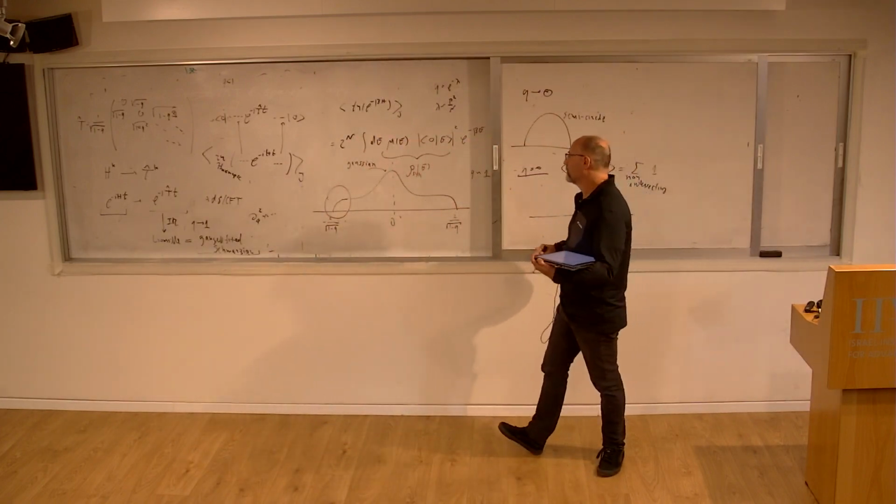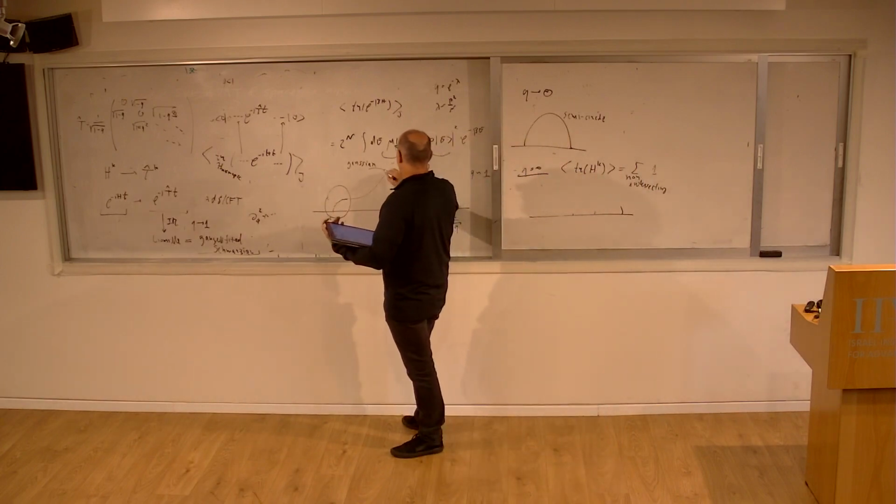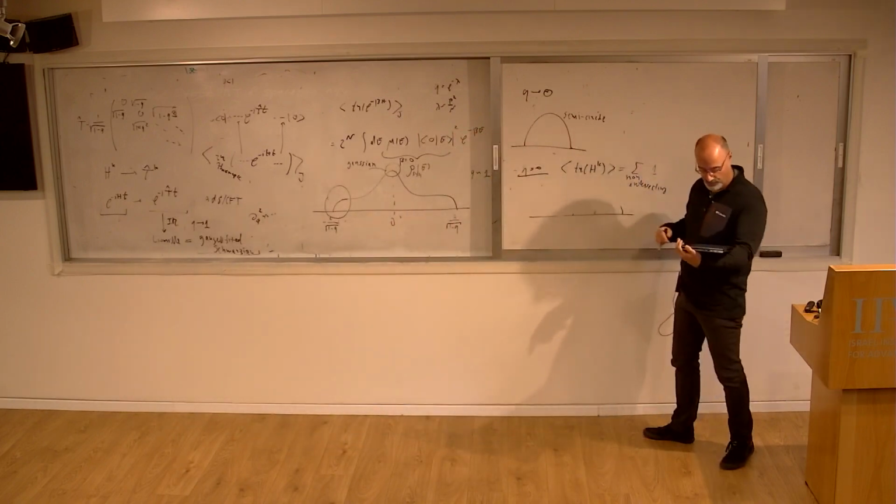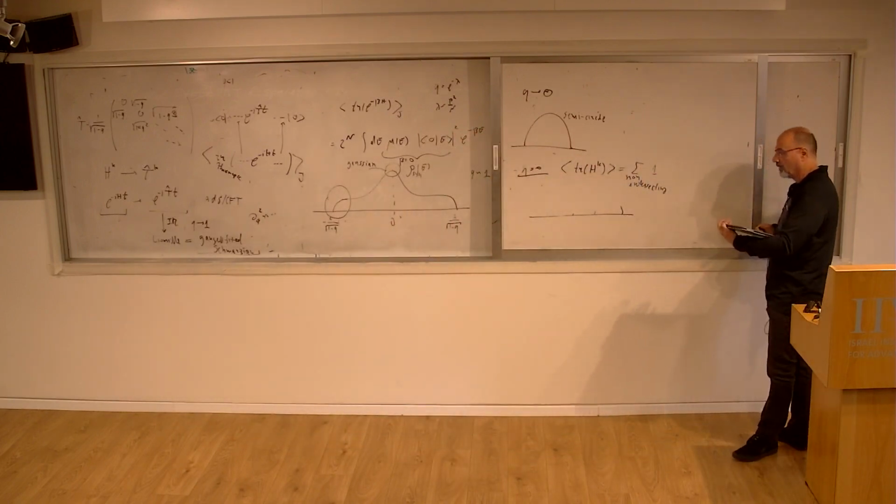In particular, this region, for example, has beta equals 0, so it's infinite temperature. I can do the infinite temperature phase of this model.